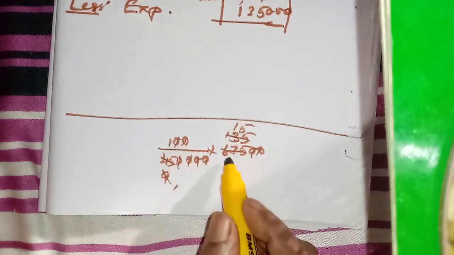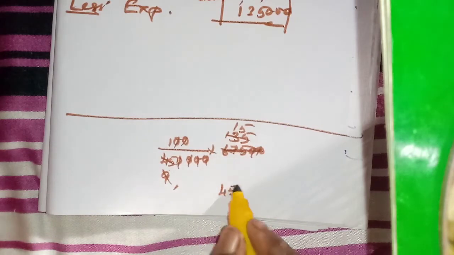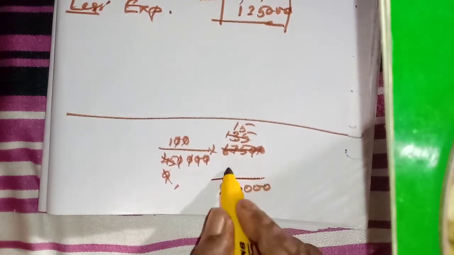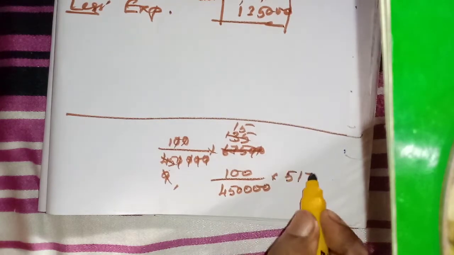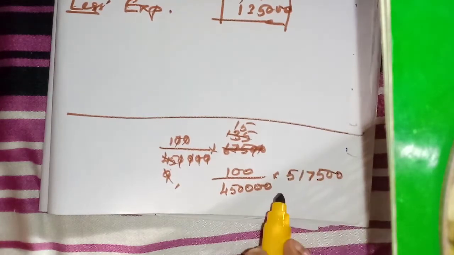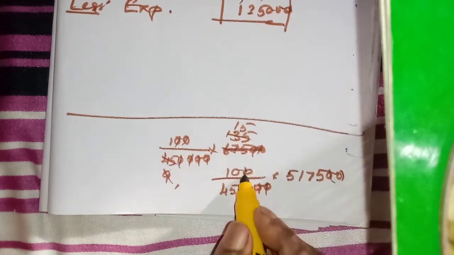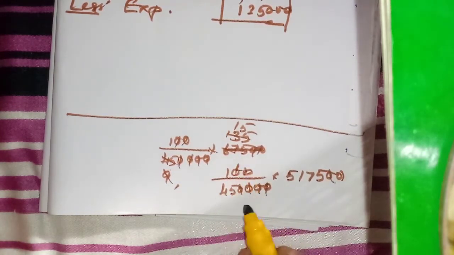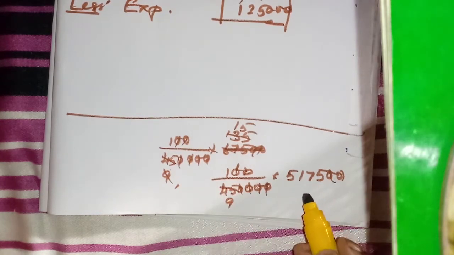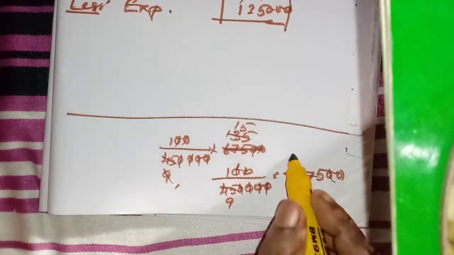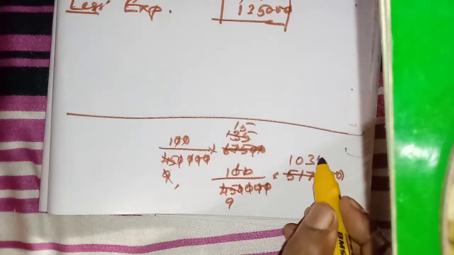4,50,000 100. Then which one? Like this, into 5,17,500. Okay, 40, 1 2 3 4, 45, 5, 1 5, then 0, 17, 3, 25, 5.